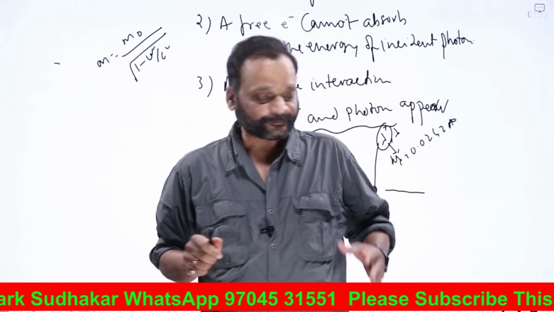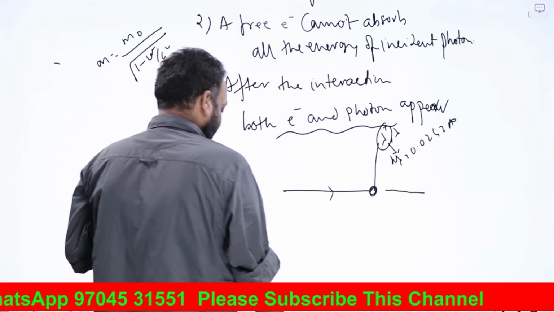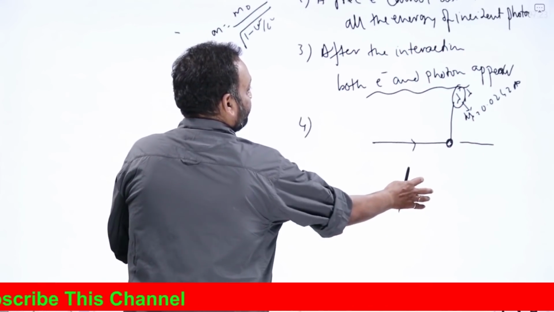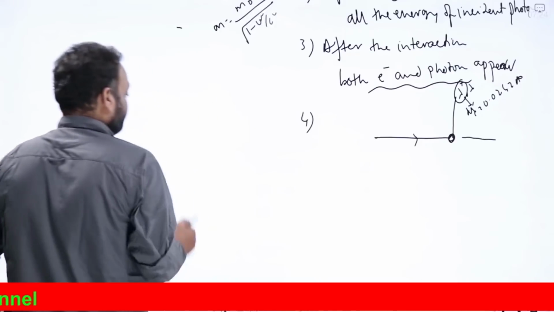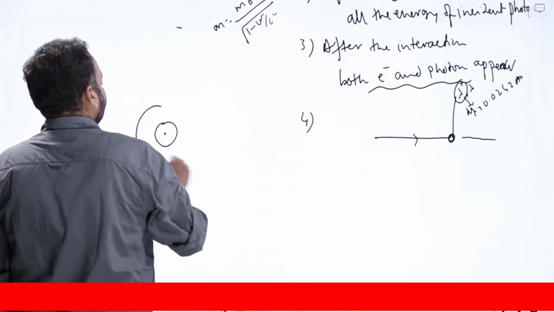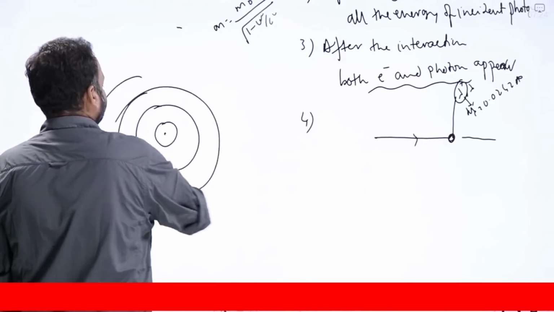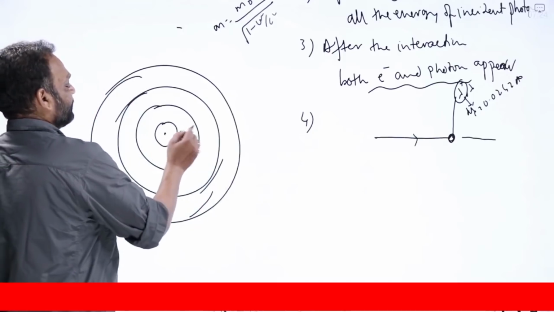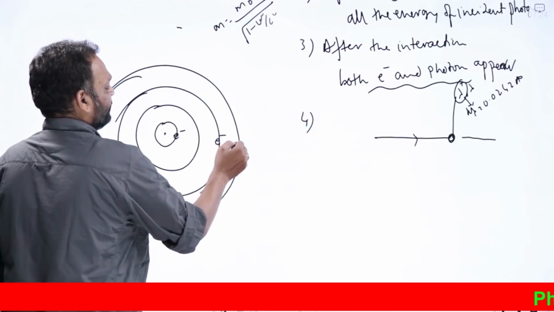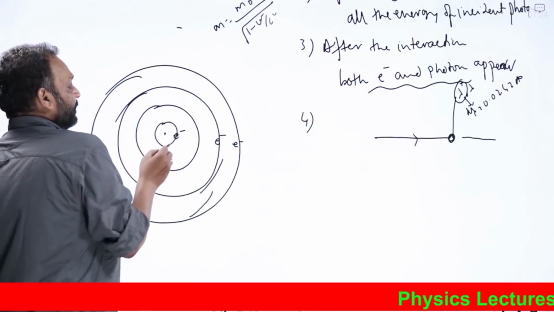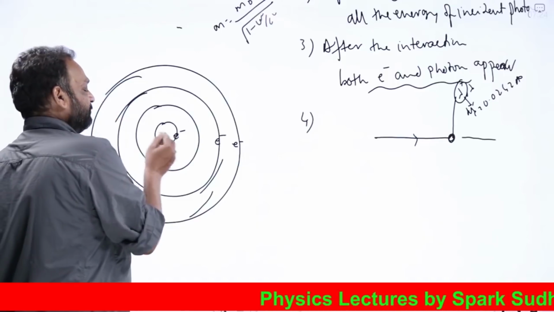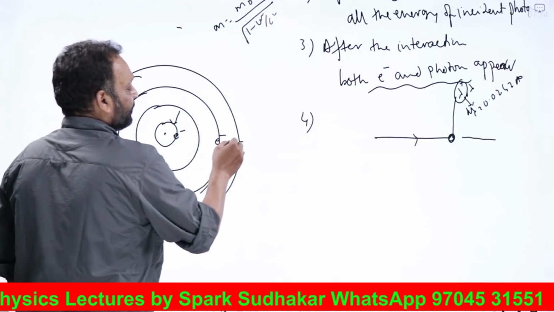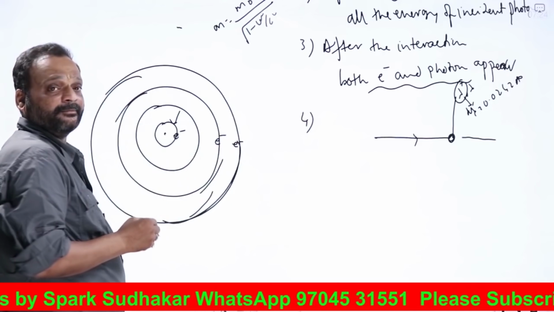We have seen why lambda dash is coming till now, but why lambda is also coming means the situation is like this. Our photon is going and hitting the electron. The electron is present inside the atom. Inside the atom there will not be a single electron, but many electrons. The nucleus is like this. Electrons are revolving in various orbits around the nucleus. Some electrons are in the first orbit, some in the second, third, fourth orbits, like this. Electrons in the first orbit are very tightly bound to the nucleus, more than electrons in the outermost orbit.